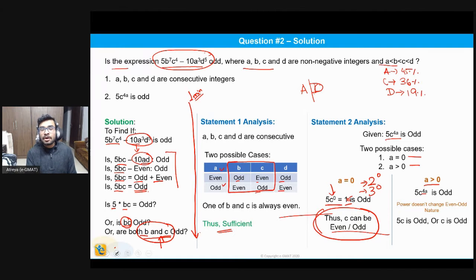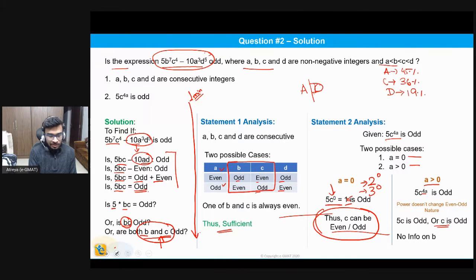Now, if 5c is odd, then definitely c would be an odd number as well. If c is odd, we can tell about the nature of c, but can we answer about the nature of b? In the entire statement, there is no mention of b, right? So from this case, I know the value of c, but I cannot comment on the value of b.